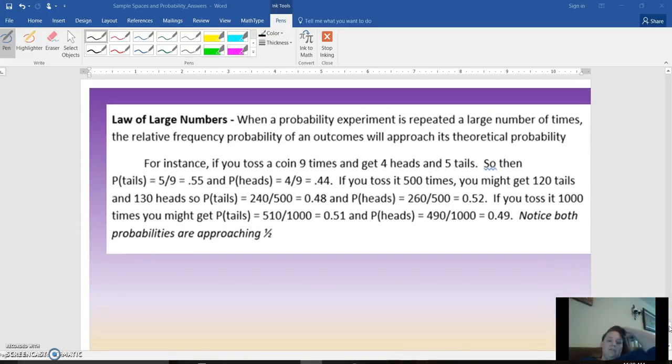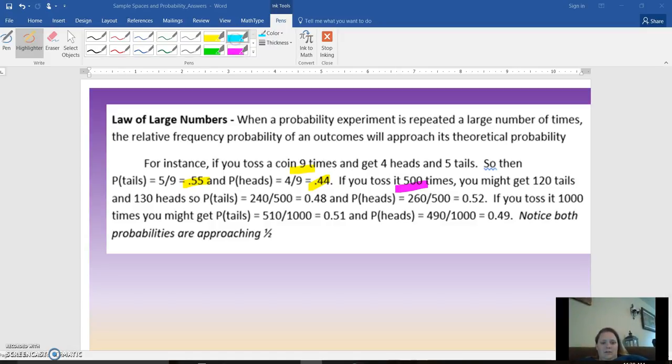All right, law of large numbers. This means when you do your experiment more and more times, like maybe you did it 9 times, and you got 4 heads and 5 tails, and so your probability was 55 and 44. And if we did it 500 times, we might get 120 and 130.